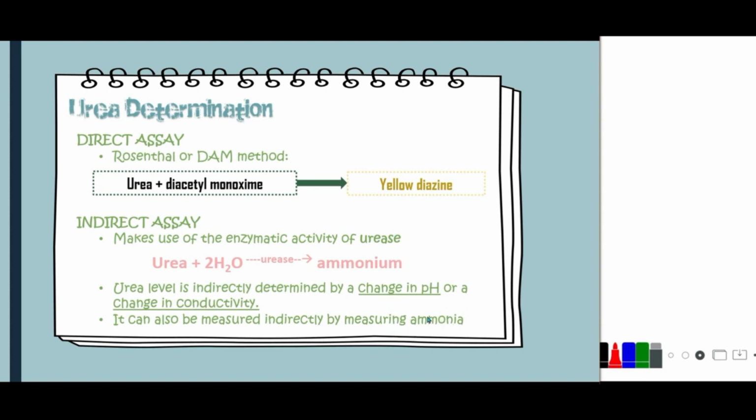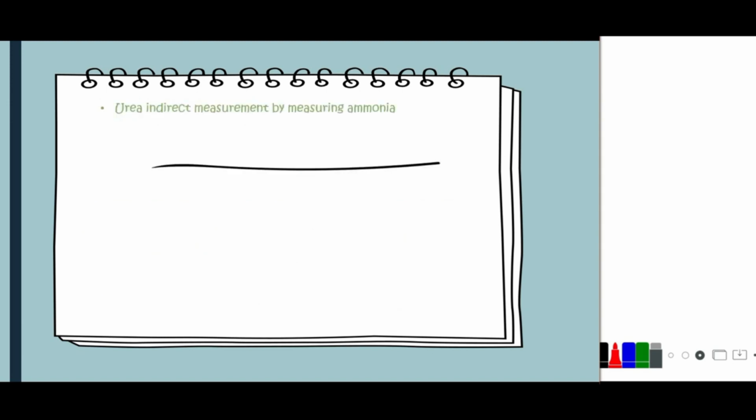So later, when we discuss the indirect assay for ammonia, it will involve the enzymatic action of glutamate dehydrogenase. Actually, glutamate dehydrogenase can be used in determining this ammonium that is produced from the hydrolysis of urea. So I think we have the reaction in the next slide. Here it is: urea indirect measurement by measuring ammonia.